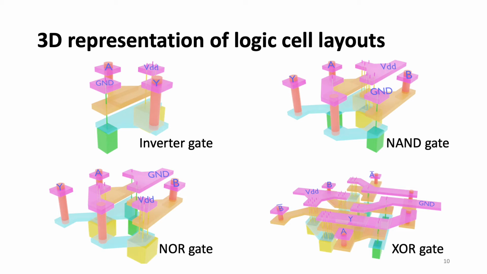Two metal layers are visible in pink and blue at the top and bottom respectively of nanowires, green for N-type and yellow for P-type, as well as gate contacts in orange.